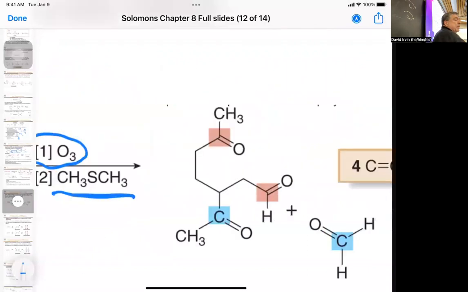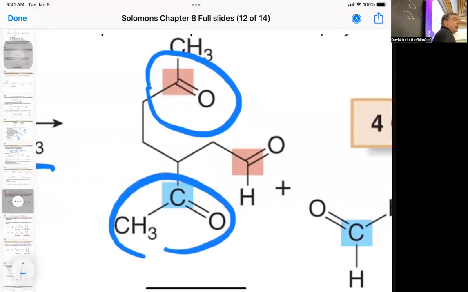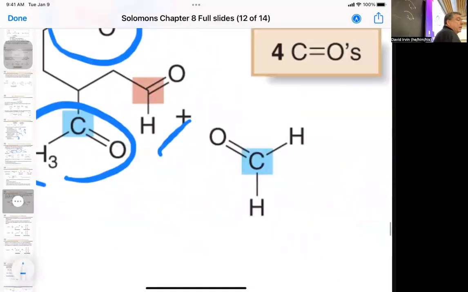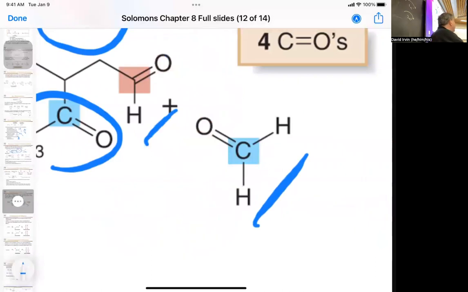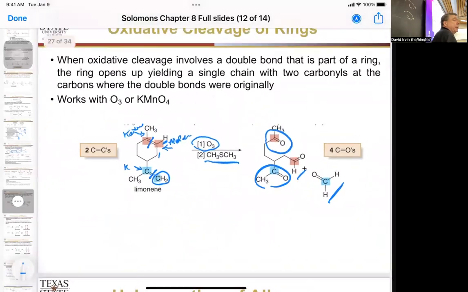So let's look at our products now. We're going to end up with a ketone here, an aldehyde, and our aldehyde. But notice our big product has lost one carbon because of the terminal alkene. So we need to pay attention to it.